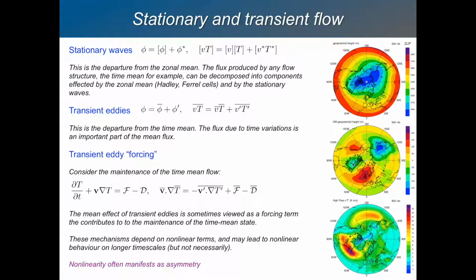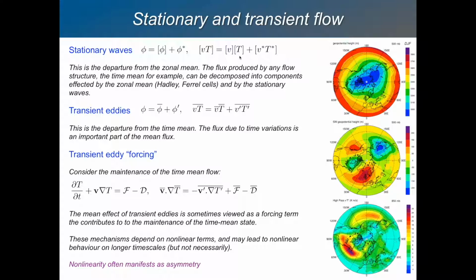The stationary waves are important because there are fluxes in the atmosphere. So if you're interested in the flux of temperature or heat, which is affected by the circulation, then the zonal average of that flux will depend on two things. It will depend on the flux of the zonal average temperature by the zonal average wind.